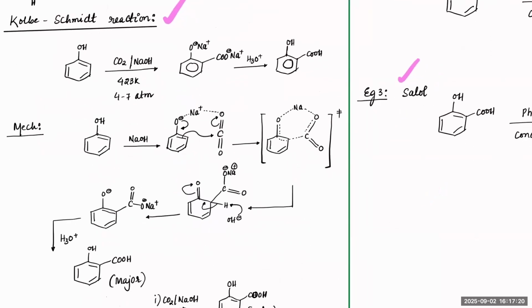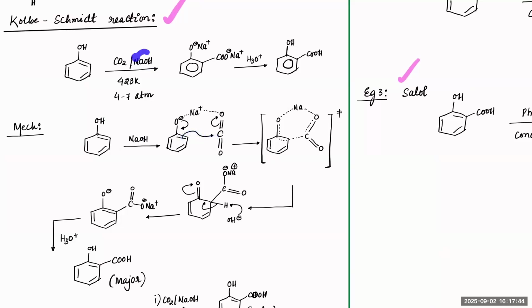Next one is Kolbe-Schmidt reaction. This is another way of generating salicylic acid. That is, if you take phenol, react with carbon dioxide and NaOH. Here, carbon dioxide is directly taken as electrophile, but it requires a highly activated ring. That's why we are taking NaOH. So NaOH will take H plus away. The phenoxide ion will attack on carbon dioxide.